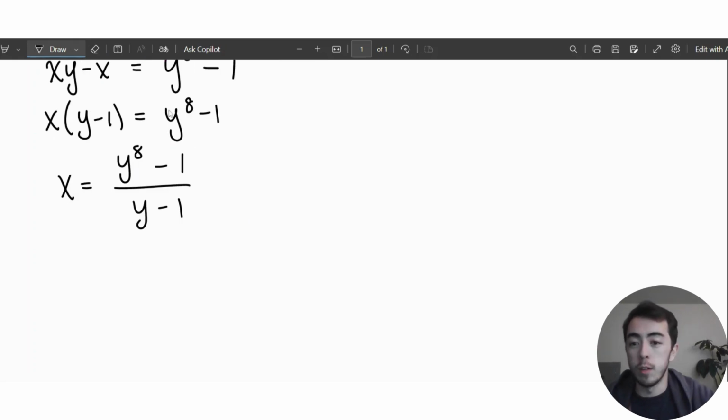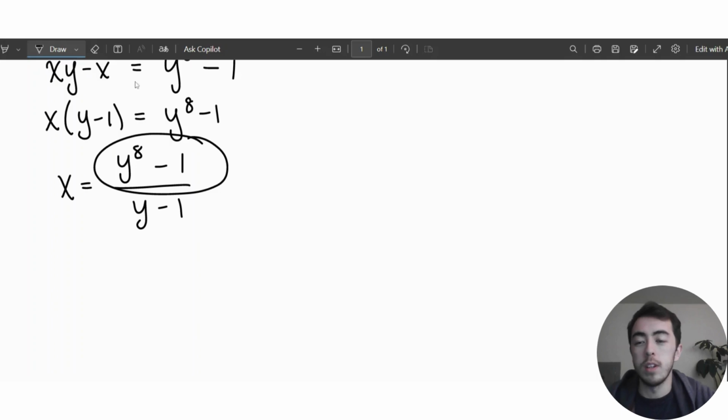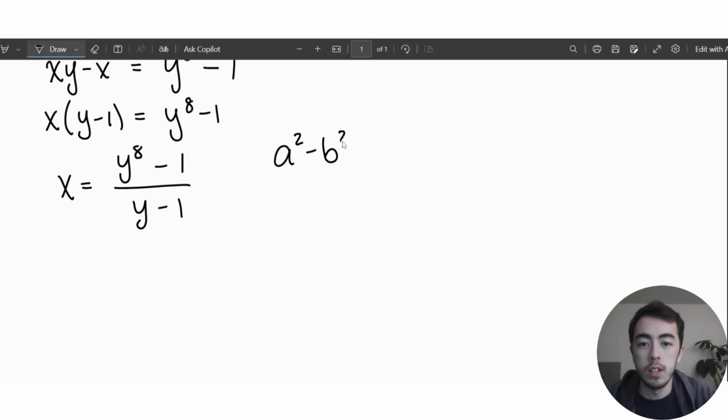Another concept that I'll bring to the table is some factoring. So I see right here a difference of squares. And difference of squares factor as such. If I have a square number here, subtracting away another square number, I can factor them like this.